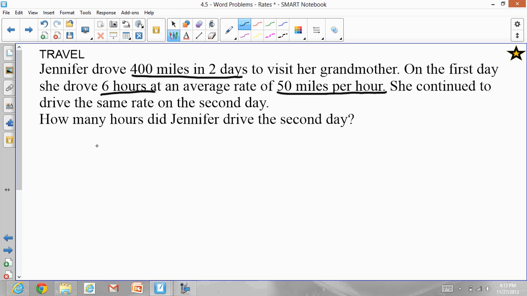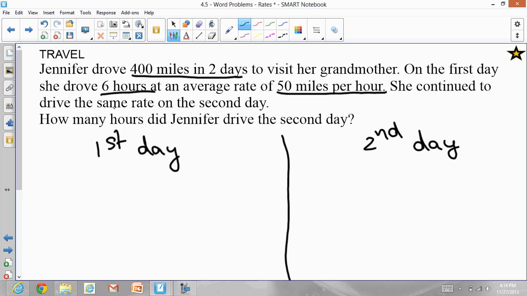So let's take this as day 1, and this is my second day of travel. Let's pick the information from here. On the first day, she drove 6 hours at an average rate of 50 miles per hour.